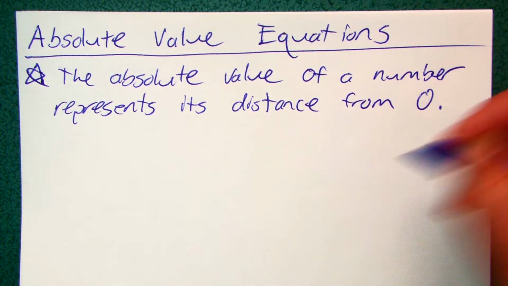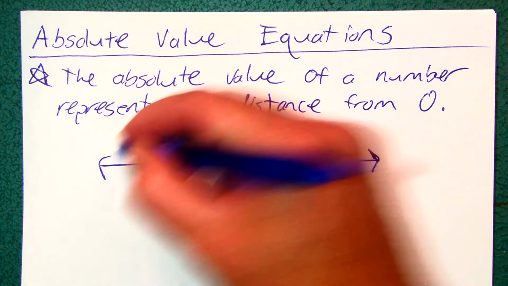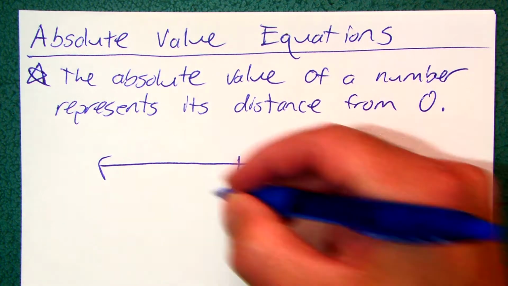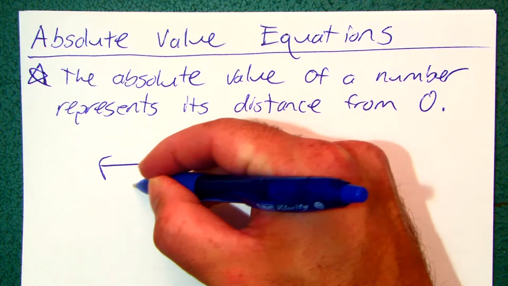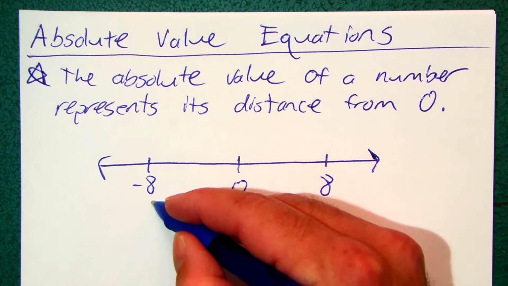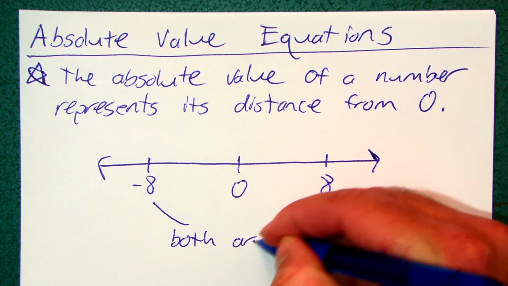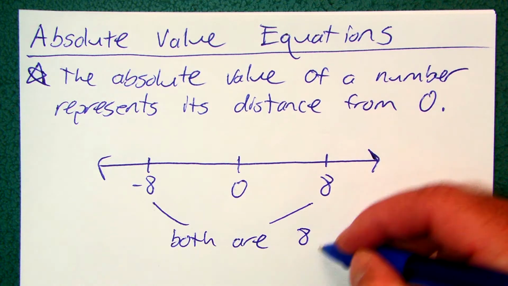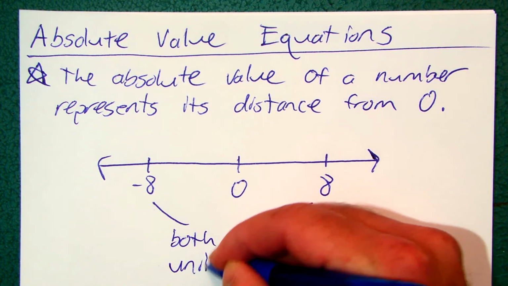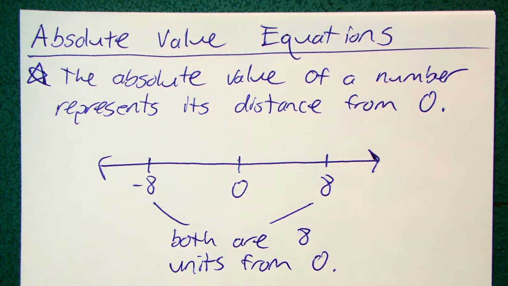And what I mean by that is, if we're on a number line here, we have 0 right in the middle. Let's just say we have negative 8 over here, positive 8 over here. Both are 8 units from 0.